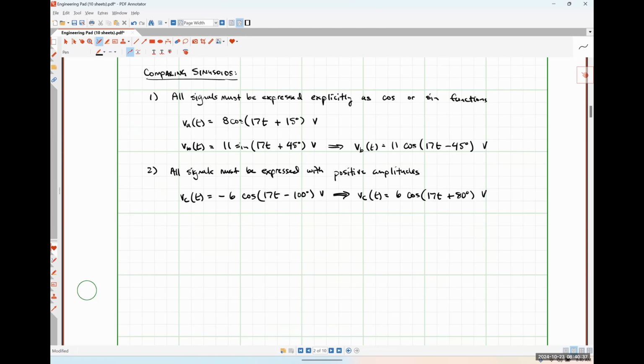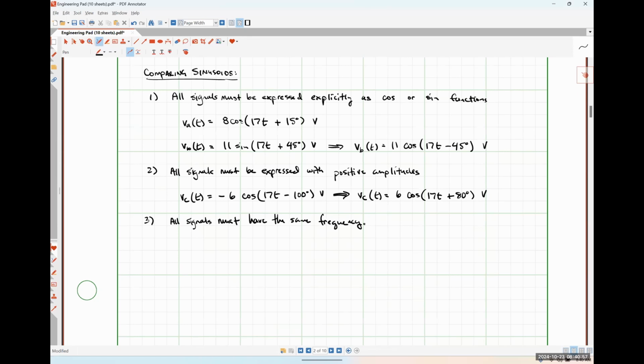Our last rule for comparing sinusoids is that all signals must have the same frequency.